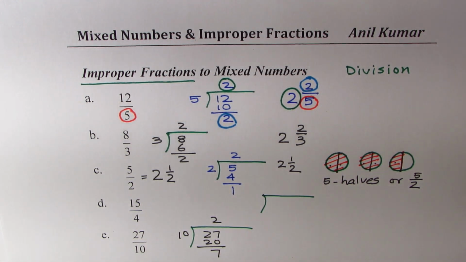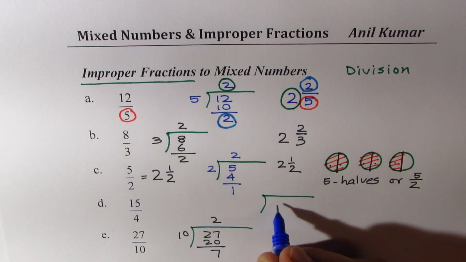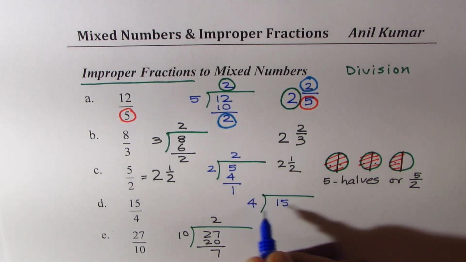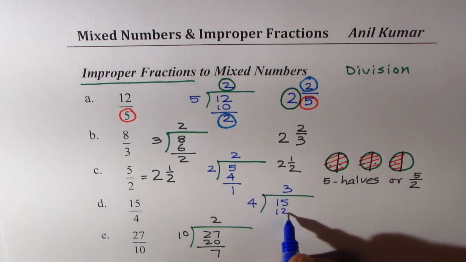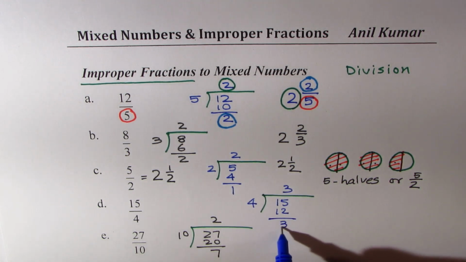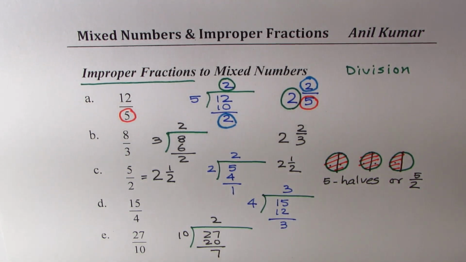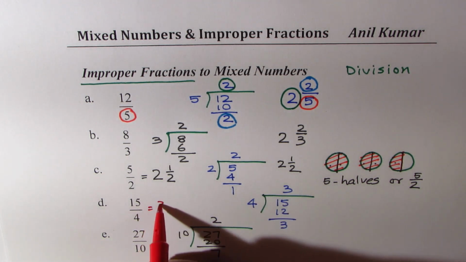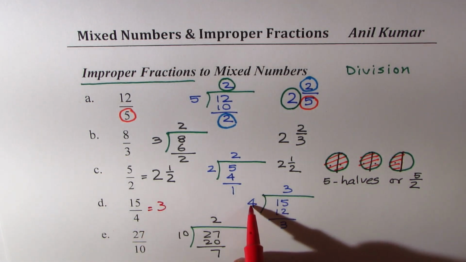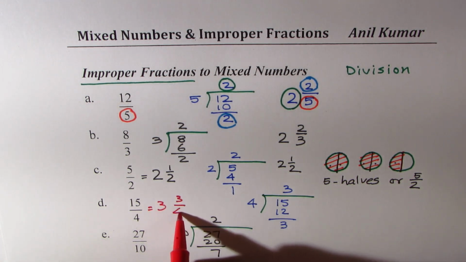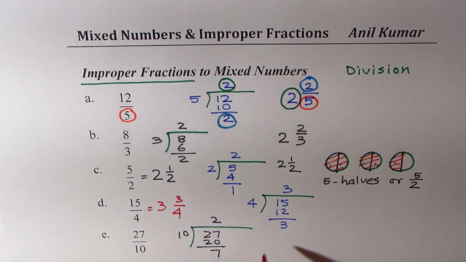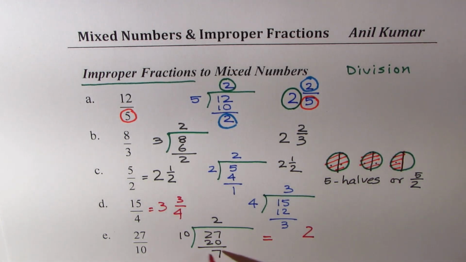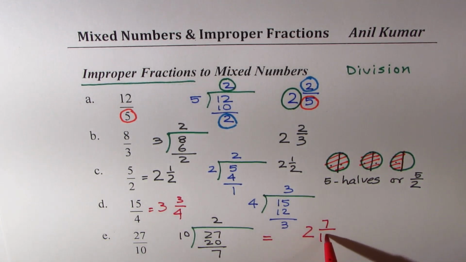In this case, if I'm dividing 15 by 4, what do I get? 4 times 3 is 12 and the remainder is 3. Perfect. How do I write them? So 3 wholes, 3 over 4, right? 3 over 4 is for 15 over 4. And here I could write this as 2 wholes, 7 over 10. Does it make sense to you?